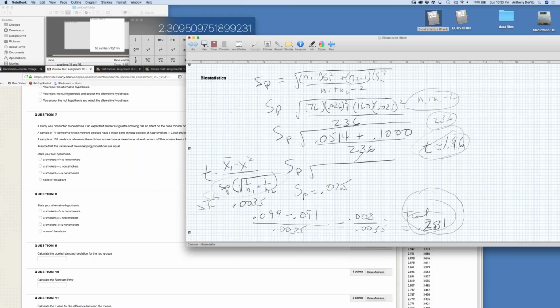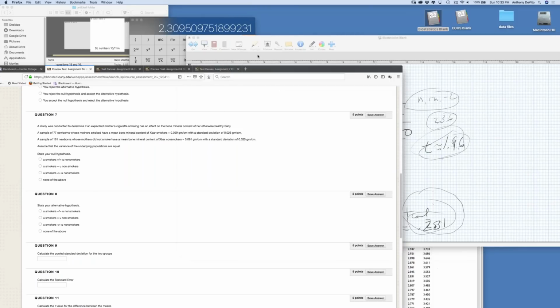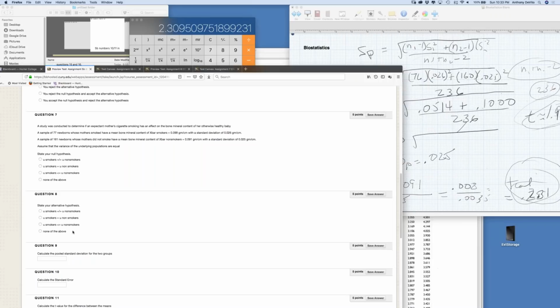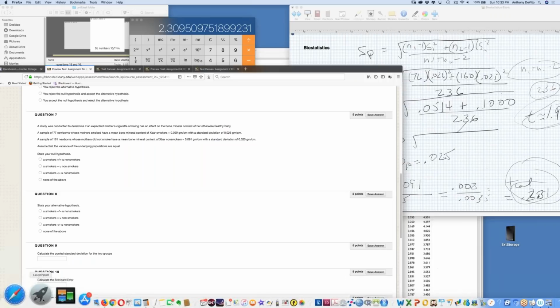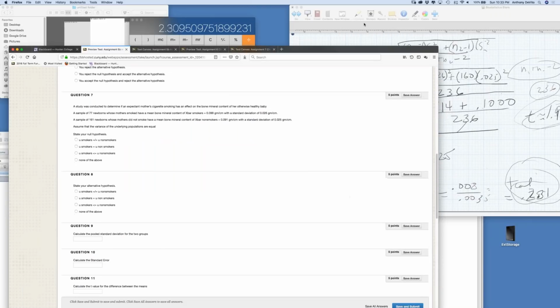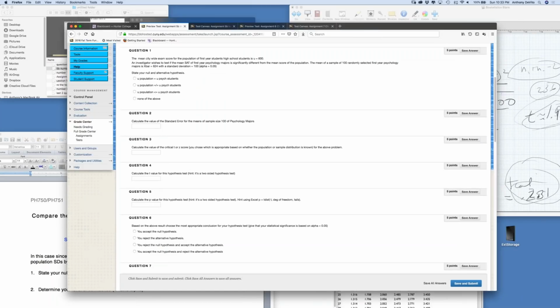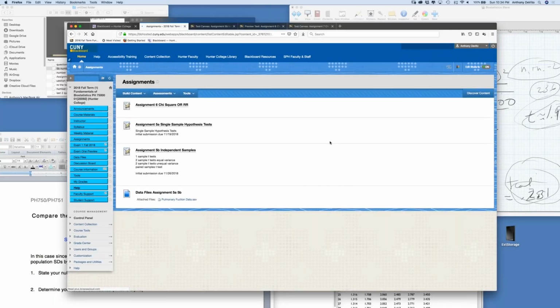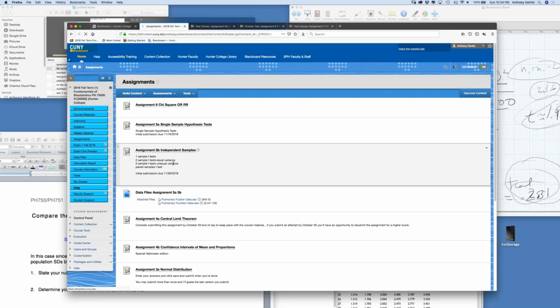Did I give? I might have given you an actual data file for this as well. If I gave you an actual data file, it would save you a lot of trouble, because then you could just use it. Let me go back to Blackboard, see if I actually gave the data file for this. Okay, assignments.